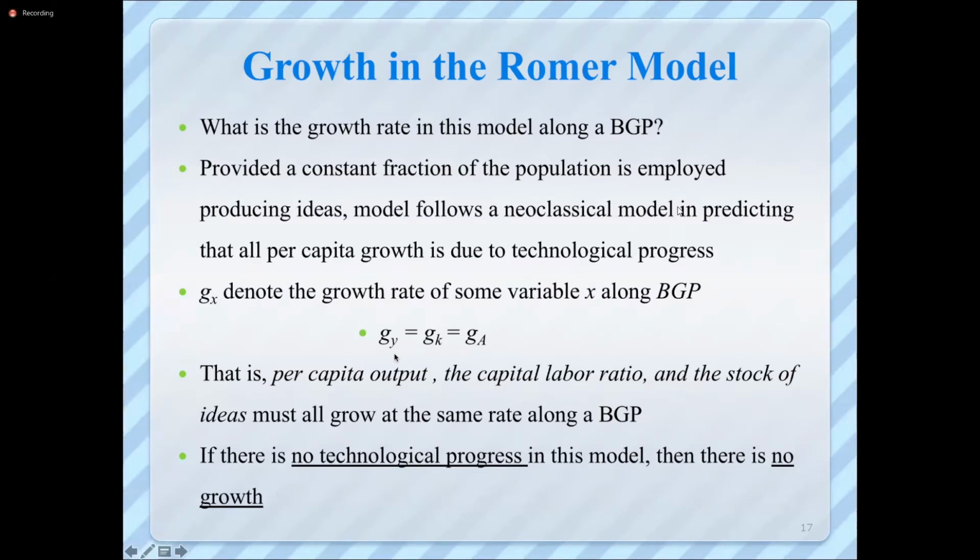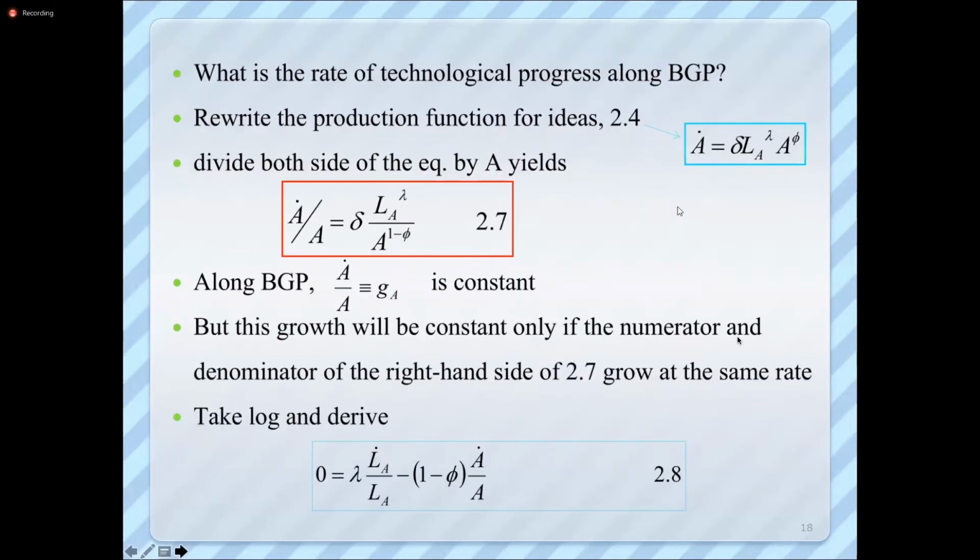It's important to note that per capita output, the per capita labor ratio, and the stock of ideas must all grow at the same rate along a balanced growth path. So in the Romer model, if there's no technological progress, there is no growth. What is the rate of this technological progress along the BGP? So we try to rewrite the production function for ideas, 2.4.